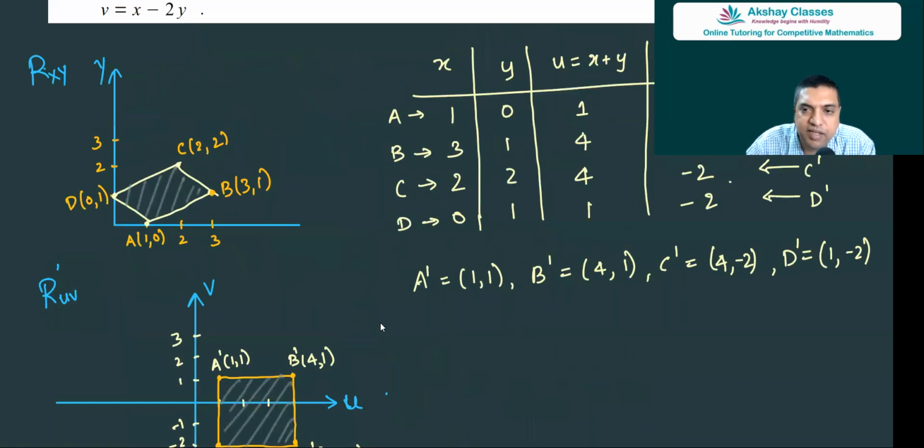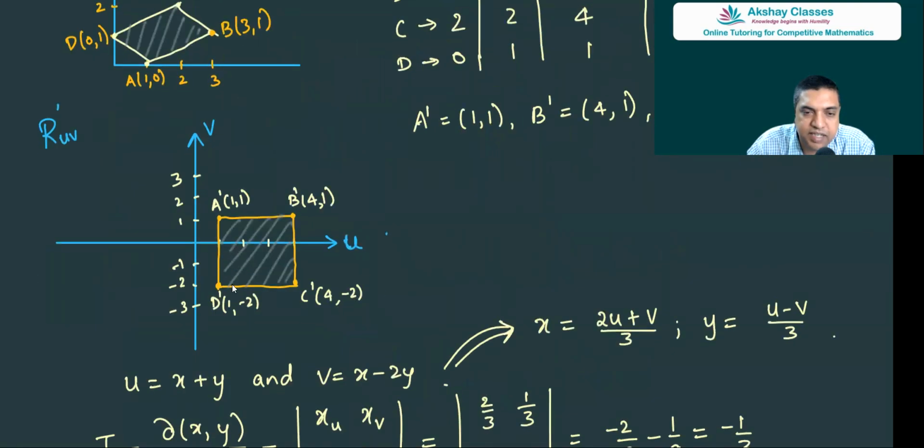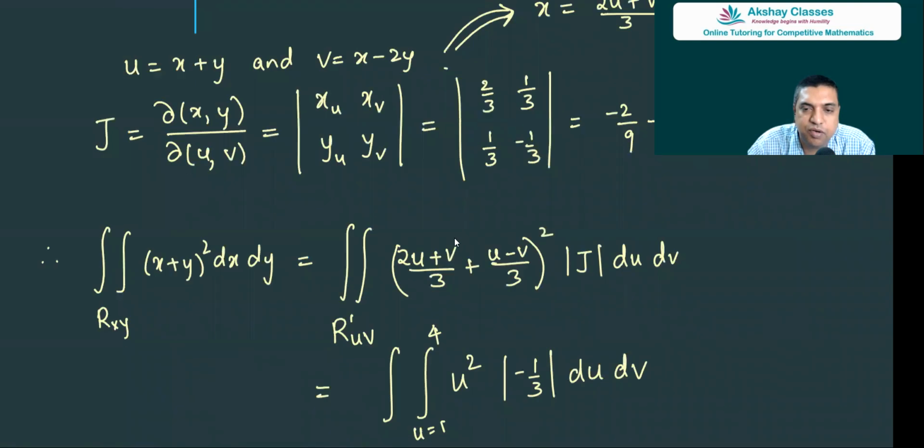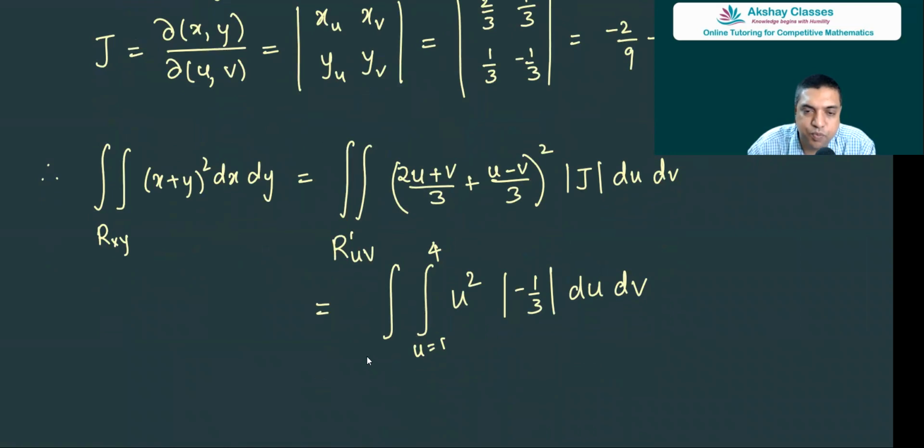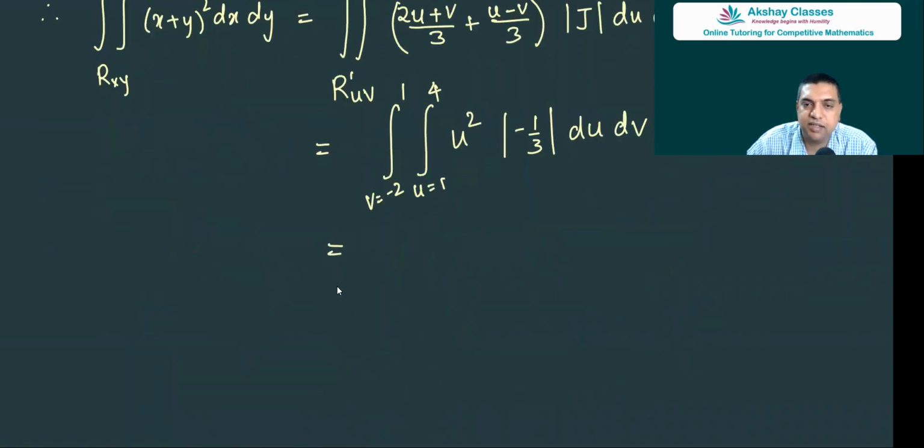And v varies from, we can see, -2 to 1 along the y-axis. So v varies from -2 to 1. So now we can evaluate this integral.